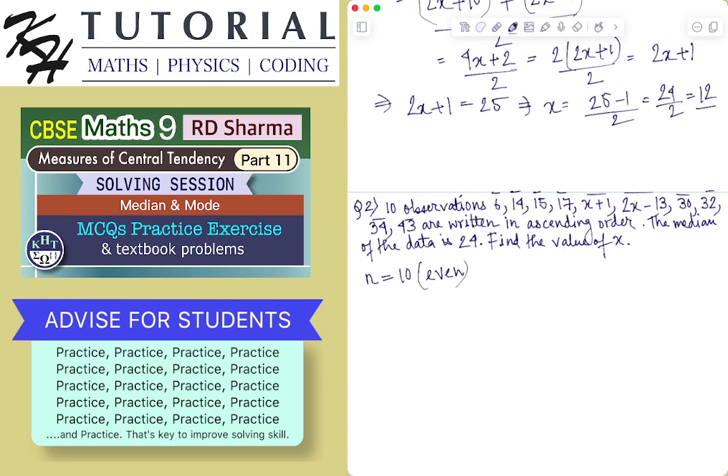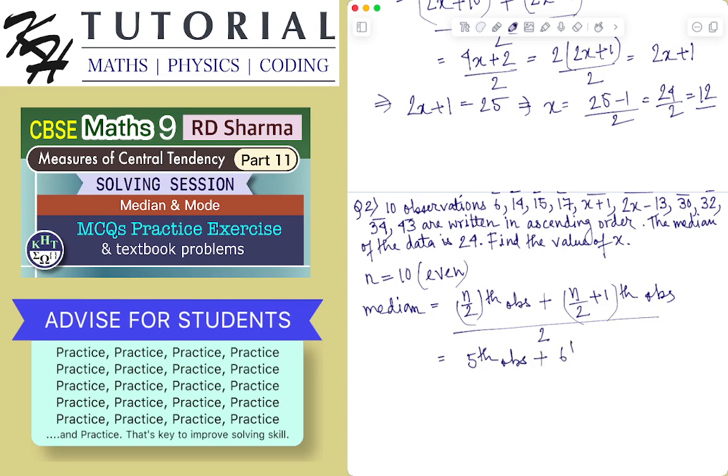So then the median will be the mean of the n by 2th observation and the n by 2 plus 1th observation, divided by 2, where n is 10. So we have n by 2 is 5. So 5th observation plus 6th observation by 2.